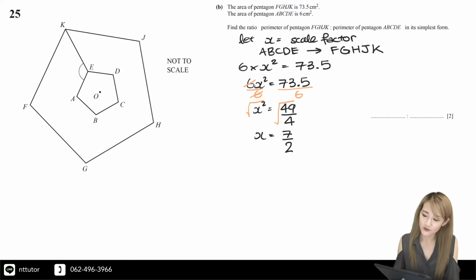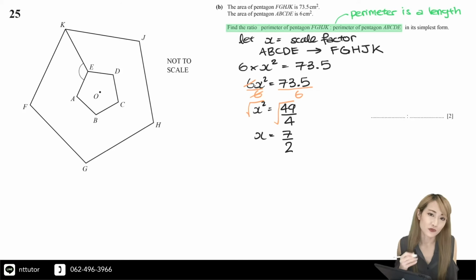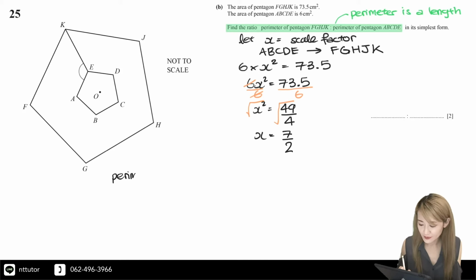Now that we know the scale factor, we can use this to find the ratio of the perimeters. We are working with the perimeter. The perimeter is length. And when we work with length, it's just multiplied by the scale factor once. Assuming we have the perimeter of ABCDE, we can find the perimeter of FGHJK by multiplying it by x.